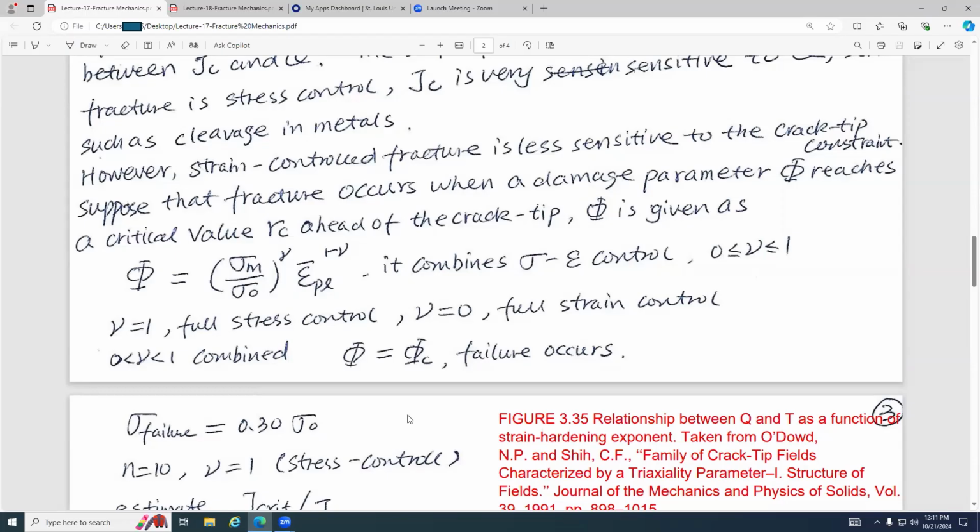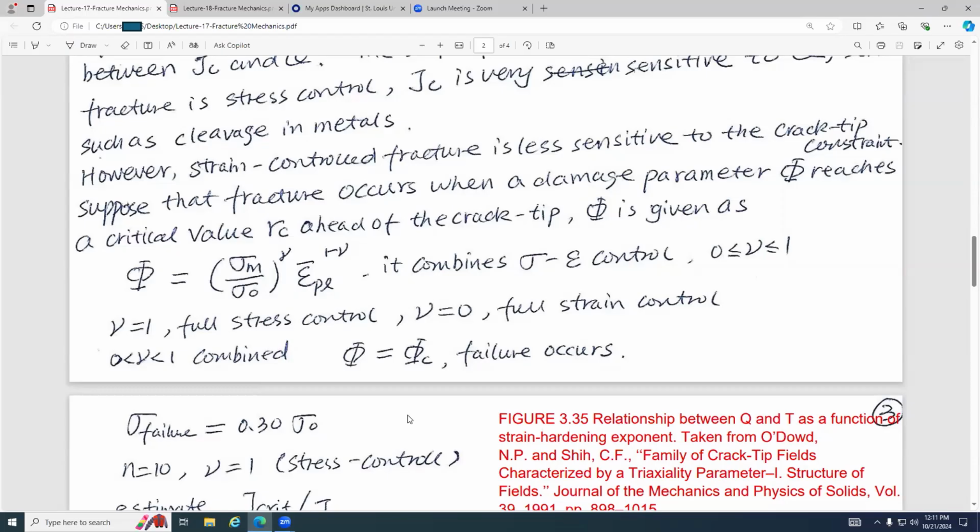Okay, so this equation says that this phi, the damage parameter phi, is defined by sigma m, the mean stress, over sigma 0, the yield stress, which is a material parameter, and sigma m is dependent upon the loading conditions. And this is the exponent gamma, multiplied by epsilon PL, the effective equivalent plastic strain.